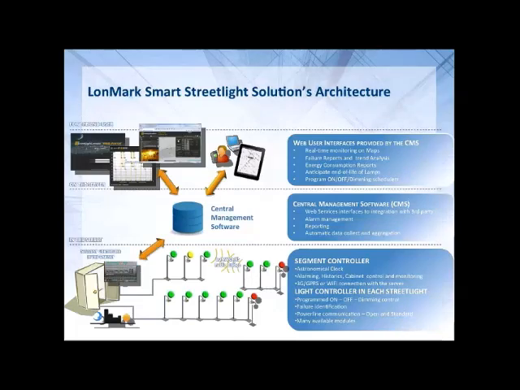Talking about solutions then, and the architecture of a solution to accomplish these objectives, any solution on the market has mainly 3 components. The first component is in the streetlight itself. That's what we call the light controller. Some call it an outdoor lighting controller or light point controller. It's the same thing.